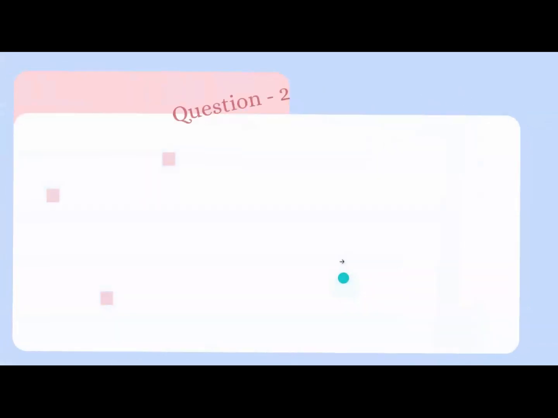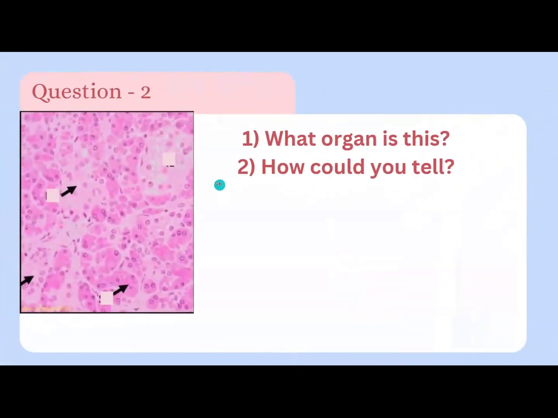Question 2. What organ is this, and how could you tell? Pancreas. Central acinar cells and islets of Langerhans, exactly. So this is the pancreas. You can see the islets of Langerhans, which are these white structures right here, the white circle.